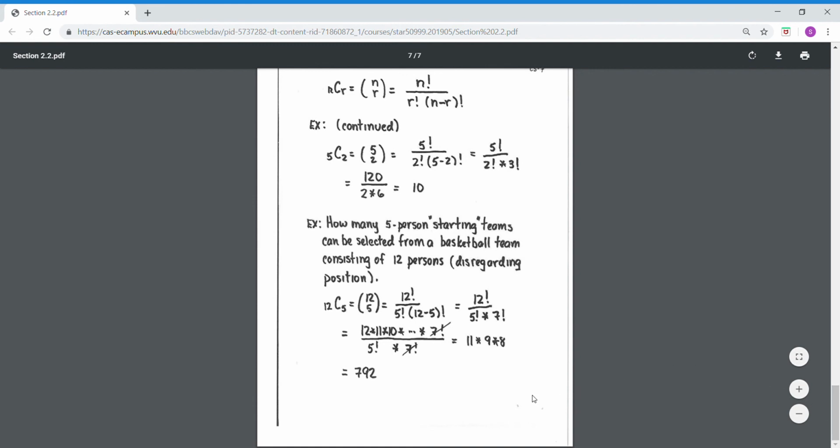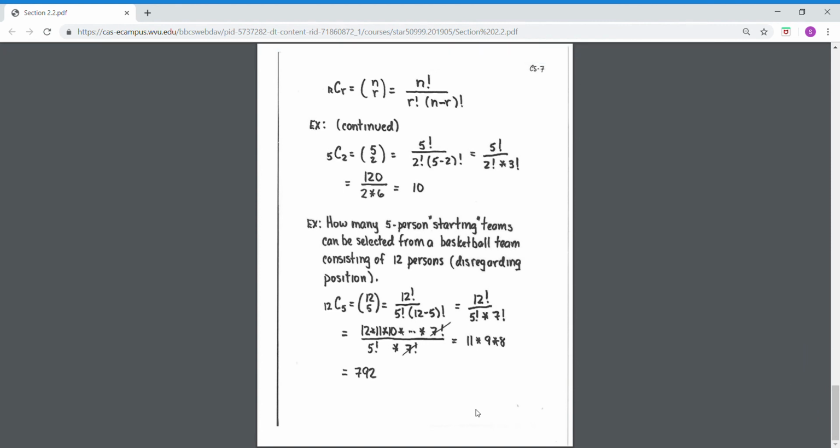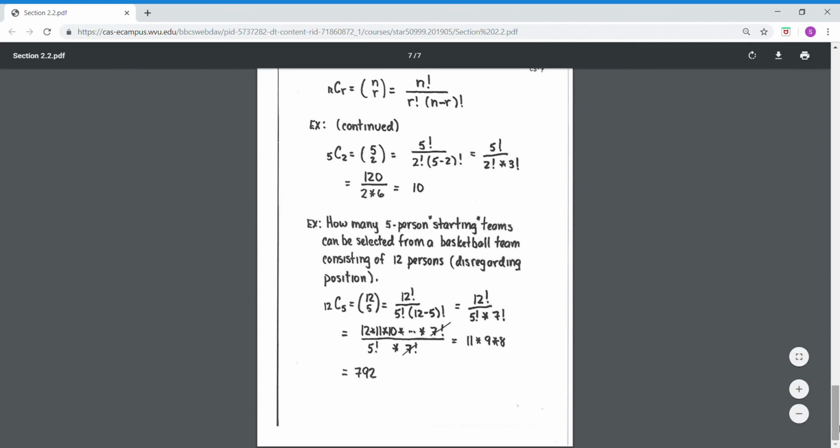Plugging into our formula, 12 factorial divided by 5 factorial times 12 minus 5 factorial would simplify to 12 factorial divided by 5 factorial times 7 factorial, which we would further simplify to equal 11 times 9 times 8, which would equal 792 combinations. Wow, that's a lot.